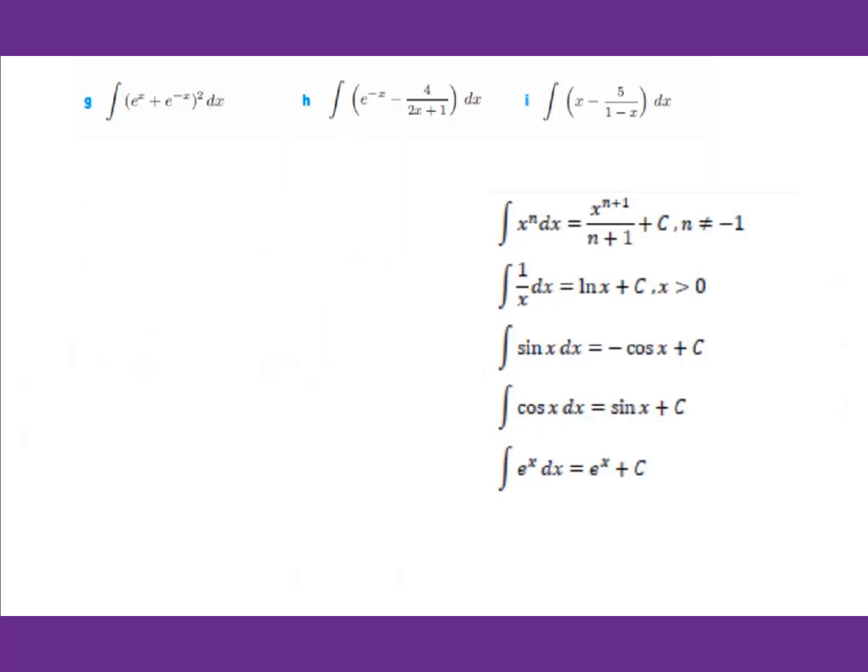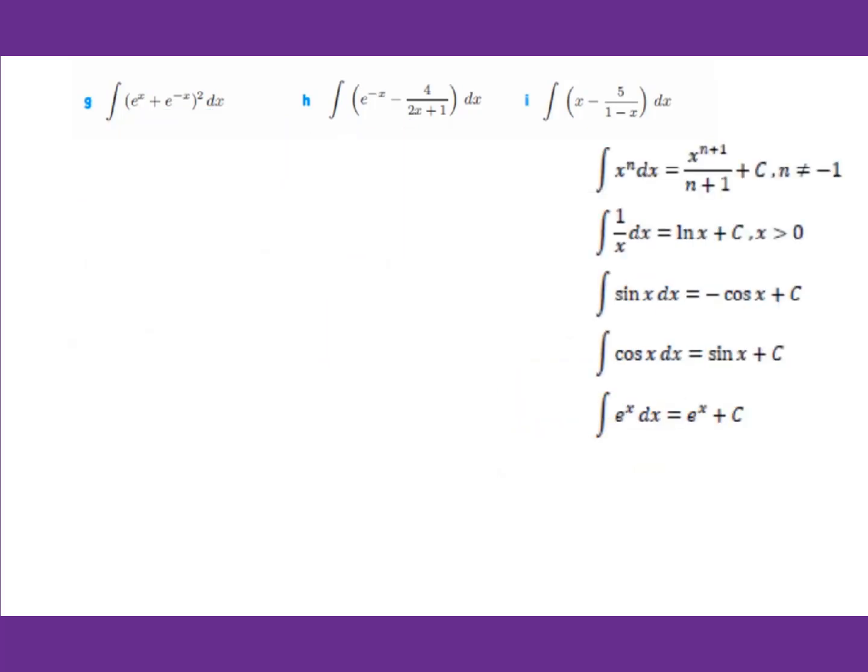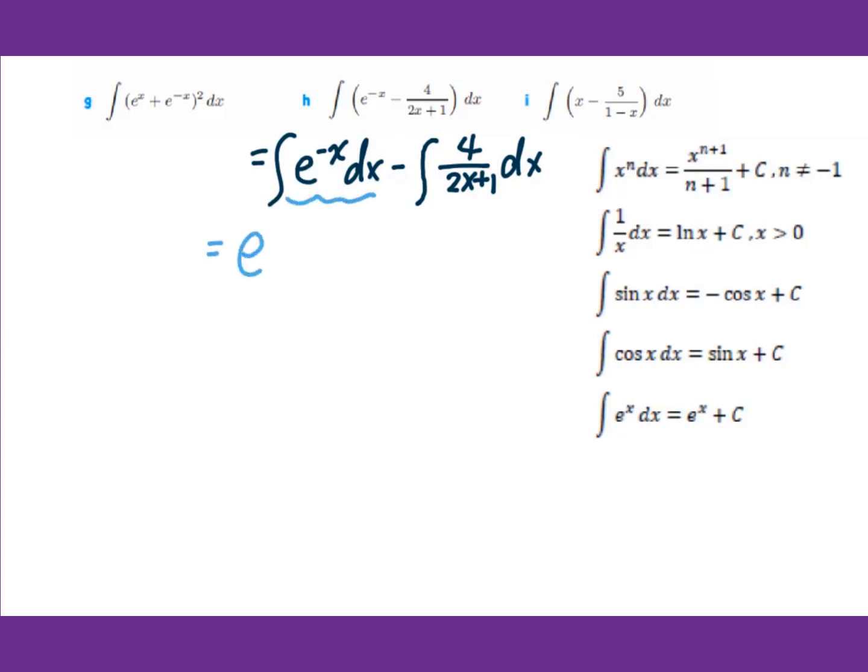Now let's go to h. I will separate this. You will get the integral of e to the negative x dx minus the integral of 4 over 2x plus 1 dx. Let's separate first. Then for this one, you will get e to the negative x, then multiply by 1/a, that's 1 over negative 1.